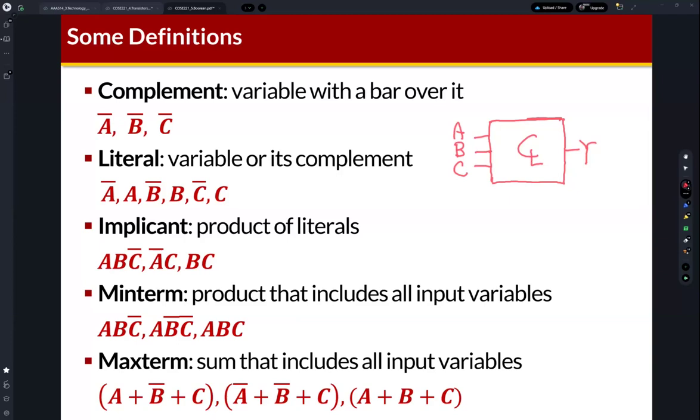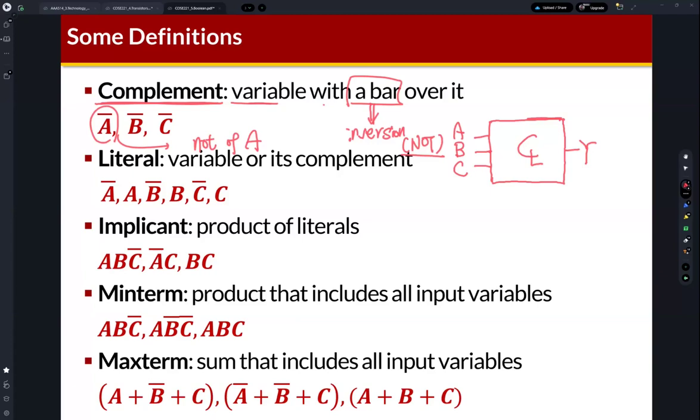The first definition is complement. The complement is the variable with a bar. So what is this bar? Bar represents inversion, so it's not. So A bar is the not of A, B bar is the not of B. Complement means a variable with a bar.